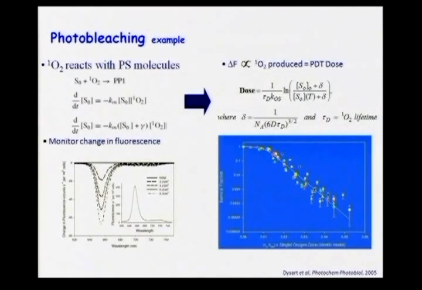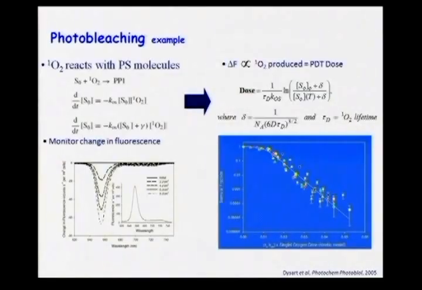And so you can calculate from this an equivalent dose, and in fact you can essentially calculate the singlet oxygen generated. And if you do this in cells, this is a singlet oxygen dose calculated looking at cell kill, and it works very beautifully.